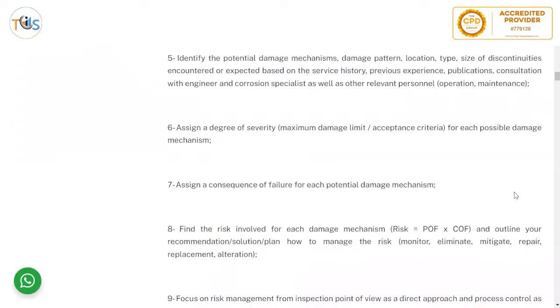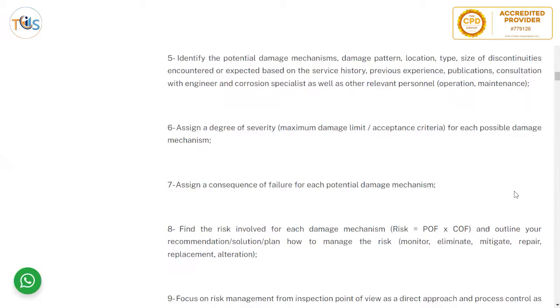Assign a degree of severity, maximum damage limit, or acceptance criteria for each possible damage mechanism. So once you know what sort of damage you might expect, for each one you should assign whether that damage leads to, say, a small leak, a large leak, an explosion, or a fire.